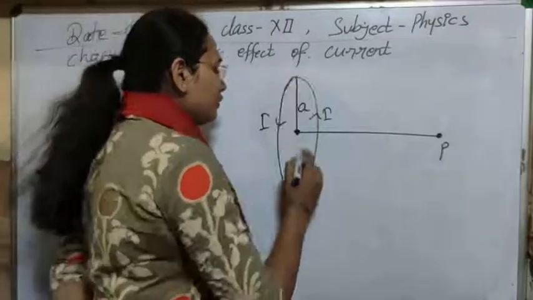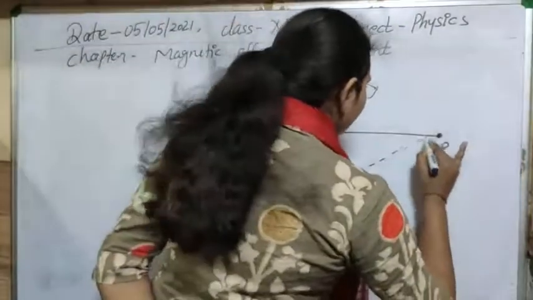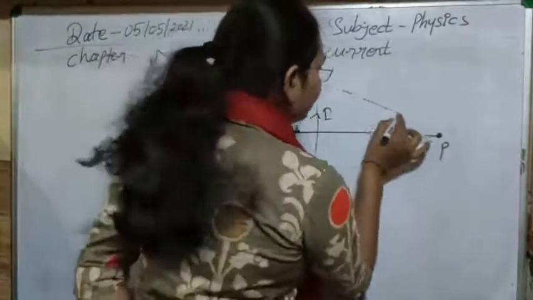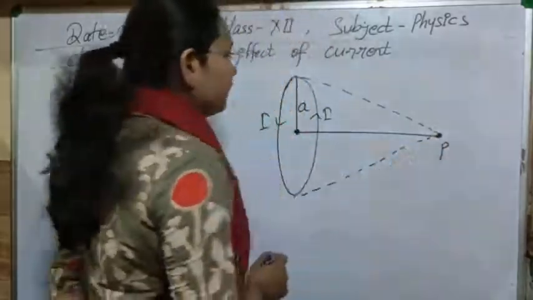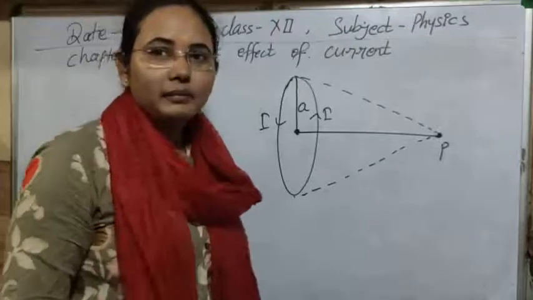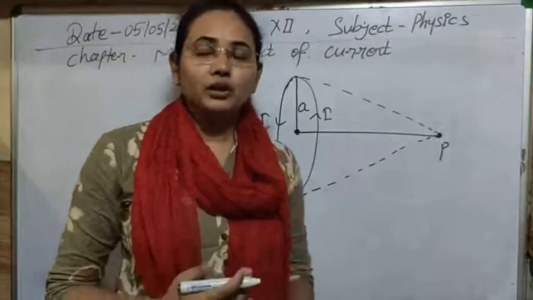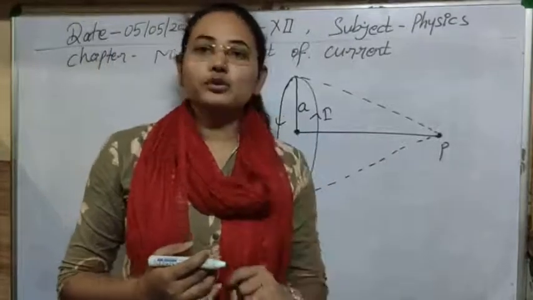So again you have to follow the same procedure. You can select a small current element here, and that small current element lets you use the Biot-Savart law.